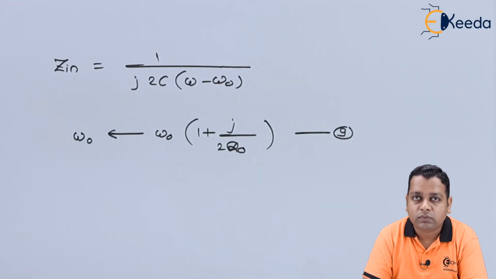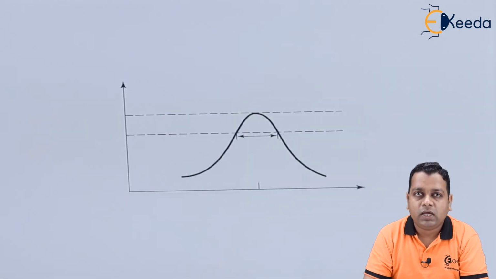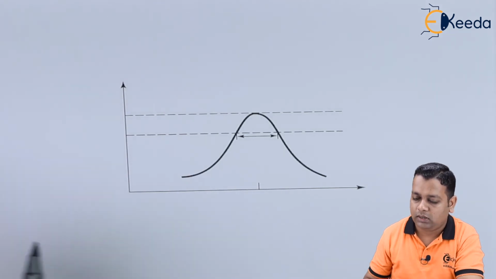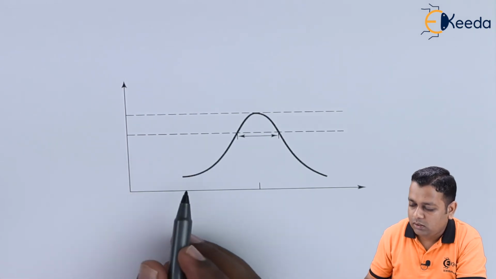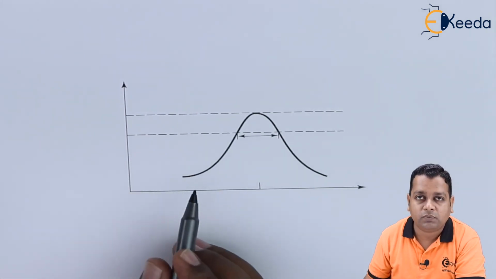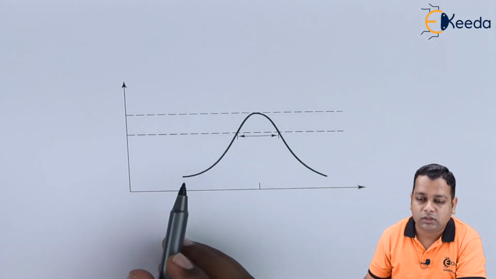This is the same case that we have done in the previous topic, the series resonant circuit. Now let us have a look at the schematic diagram. It is basically a graph. On this graph we have the markings corresponding to the magnitude and the frequency values for the input impedance.